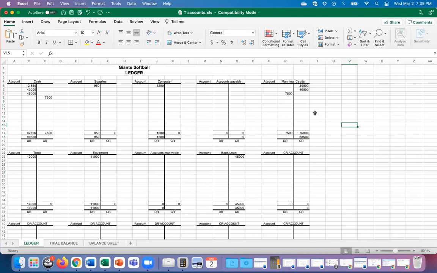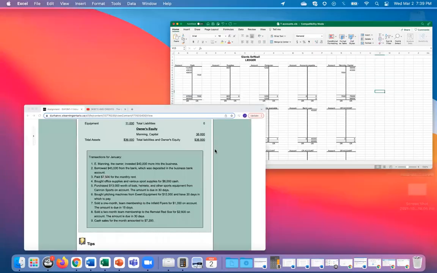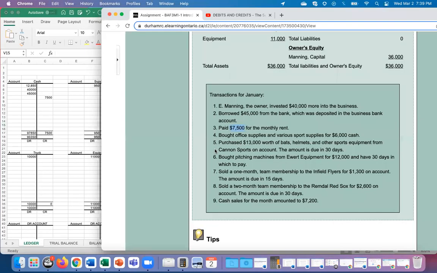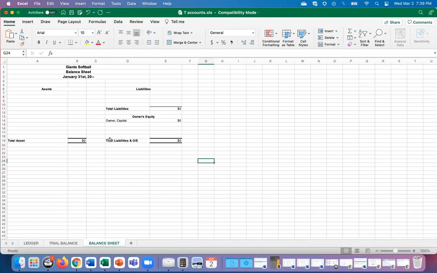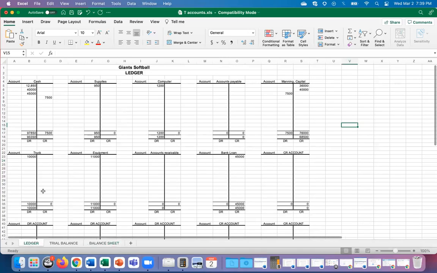Okay, so that is how you do the ledger portion, or the T account portion of this assignment. What I'll do is I'll see if I can show you how to do the trial balance, and I won't get into the balance sheet because you guys, like I said, have had 2 chances so far at making a balance sheet. So you should be fairly familiar with how to do that, but I will show you the trial balance, or I'll try to show it to you.